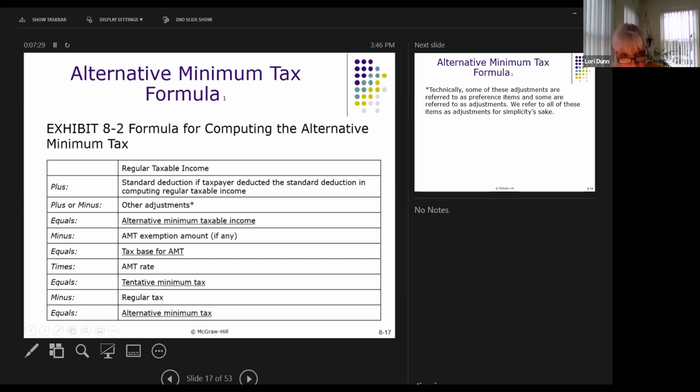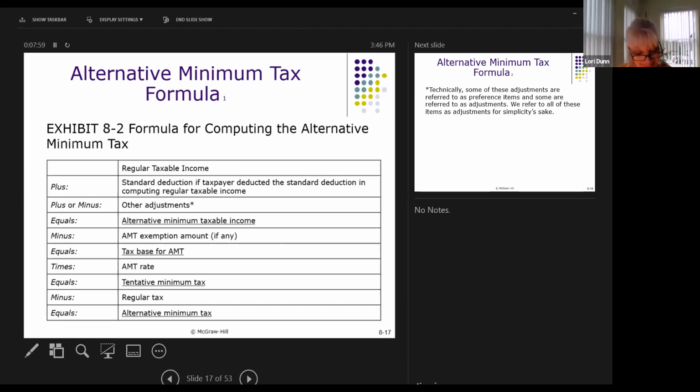So if your alternative minimum taxable income is below the bottom end of your phase out range, you get that full exemption. Subtract it from alternative minimum taxable income, and that is your tax base. So that's what you're going to calculate alternative or tentative minimum tax on. Now, what is the calculation?